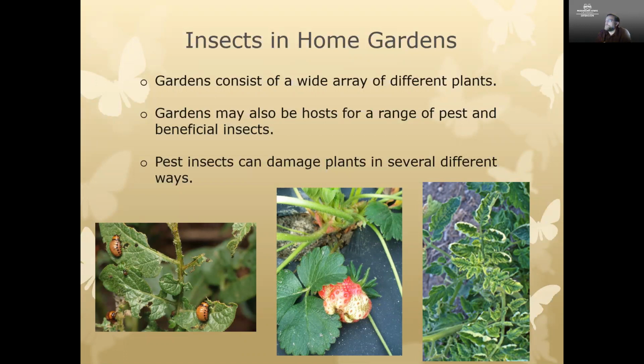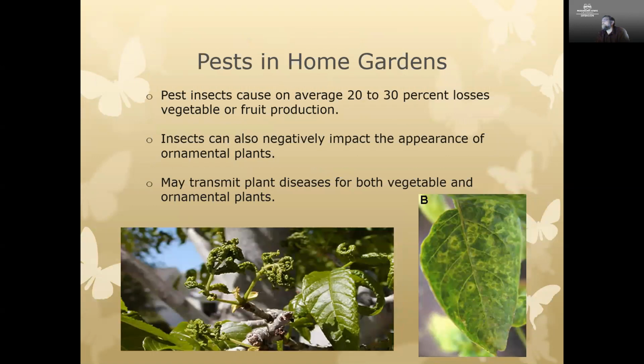Now, in addition to direct and indirect damage, we also have the potential for some insects to spread disease. Particularly plant viruses are often spread by insects. So pest insects can cause on average 20 to 30% losses in our vegetable and in our fruit production.